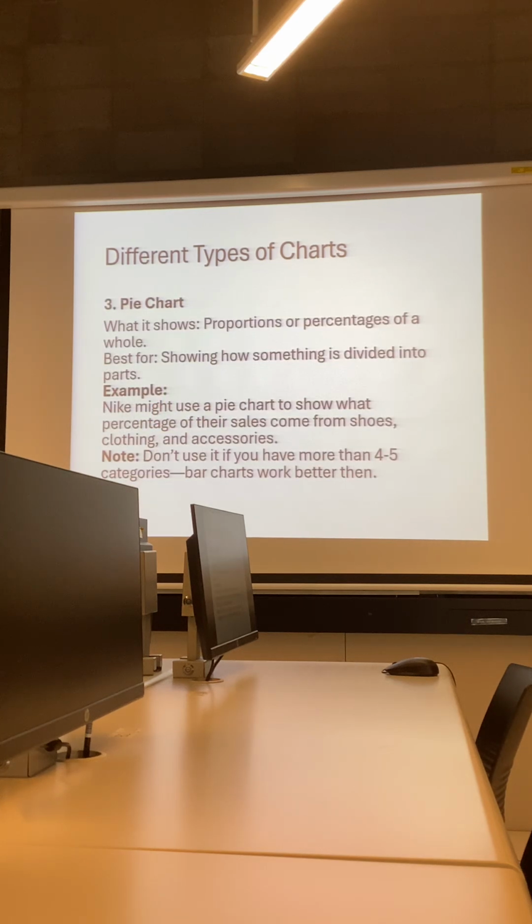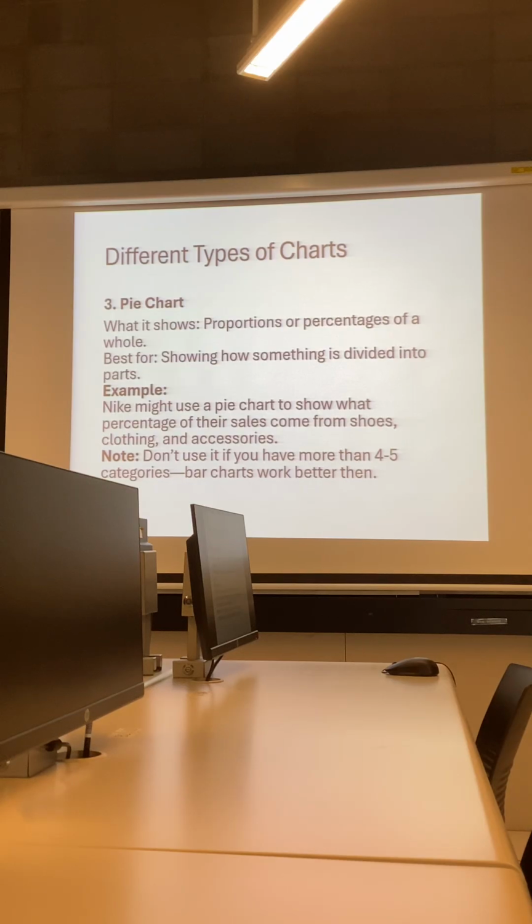Okay, now pie chart. Pie like a cake pie. A pie chart is used to show proportions or percentages of a whole. So if you would like to give some proportion or percentage, you need to use a pie chart.